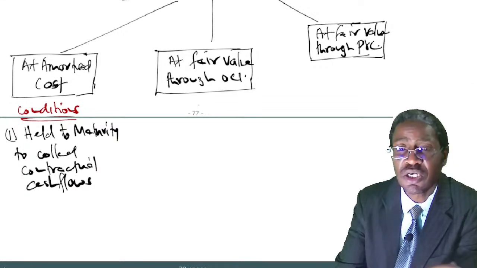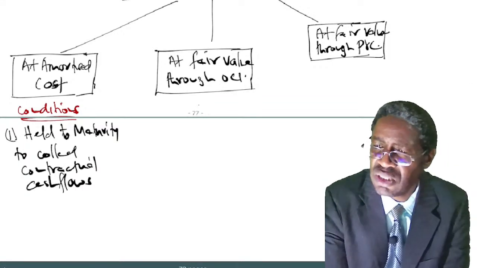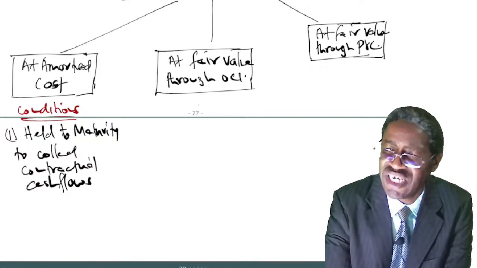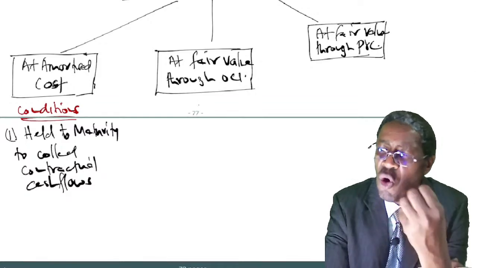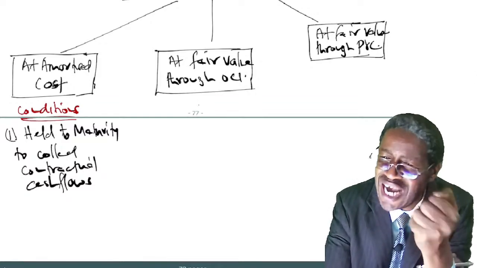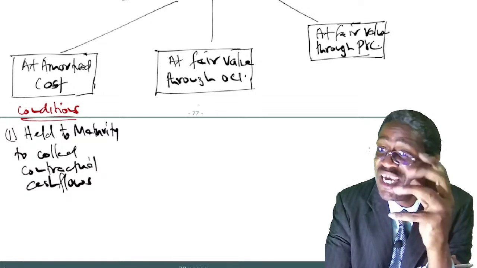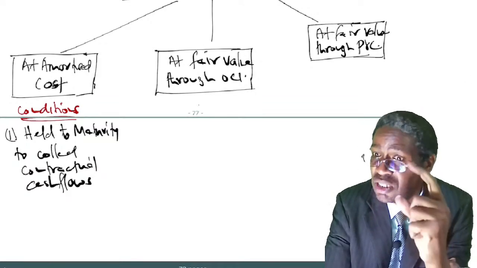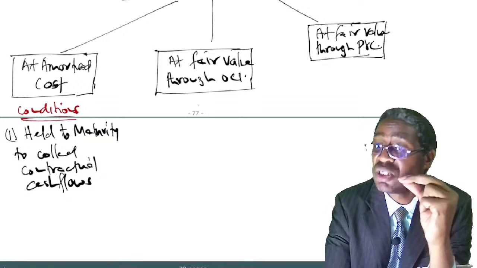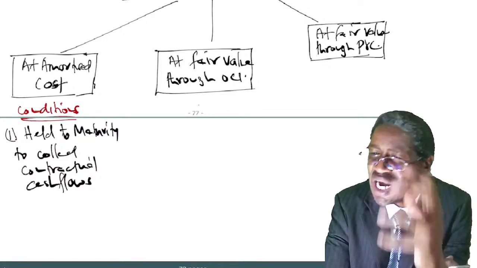That means you as an investor, when you are buying this 10% bond, your aim is to hold it or keep it until it matures. And you are keeping this so that you collect the contractual cash flows. What are these cash flows?